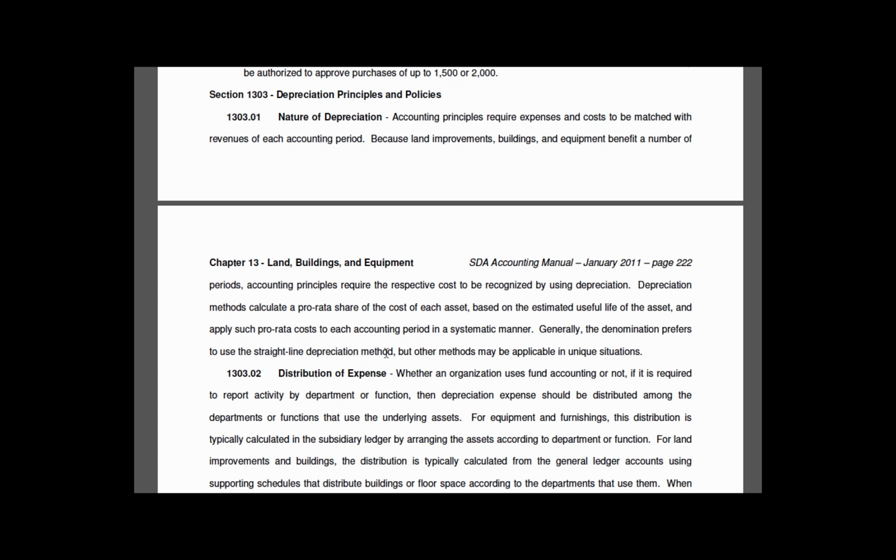So the concept of depreciation is linked back to United States tax law. At least that's my understanding. At least that's the word going around in accounting historian circles. But in any case, it is a practice which involves spreading the cost of the asset over the life of the asset.